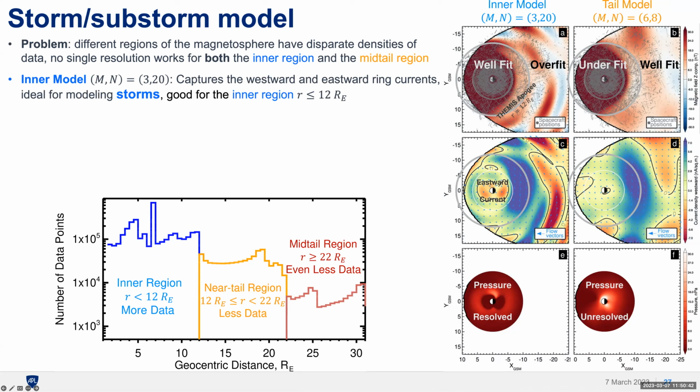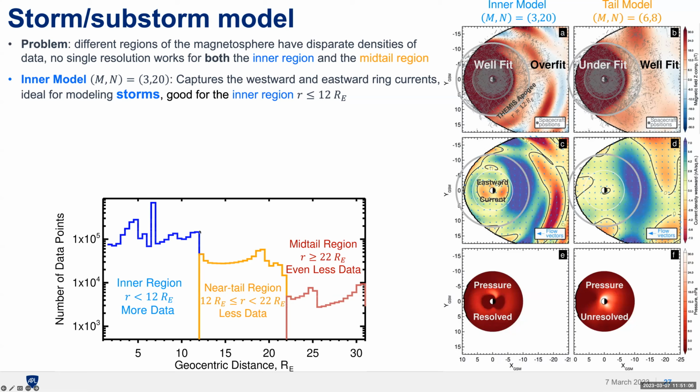But the problem is, here's a histogram of our magnetometer archive versus geocentric distance. So these are basically the number of data points in each spherical shell. And you can see as we move further out in the tail, and this is a logarithmic scale, we get much less data.